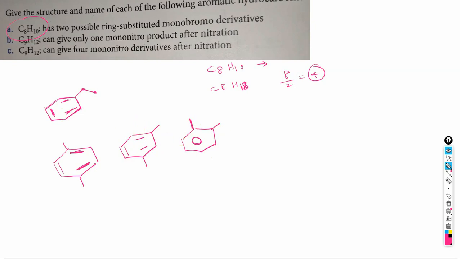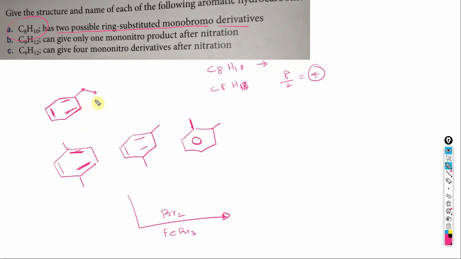These are the possible structures, and you should try to see which one of these can give you 2 possible ring substituted monobromobenzene derivatives. So when you brominate this and you put only one bromine in it, with FeBr3, you should be getting monobromo products.